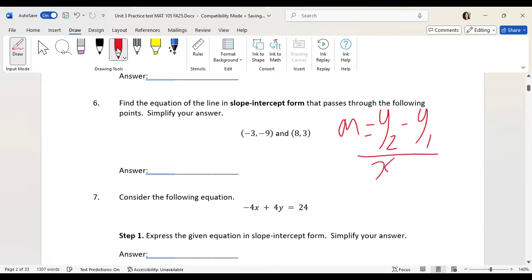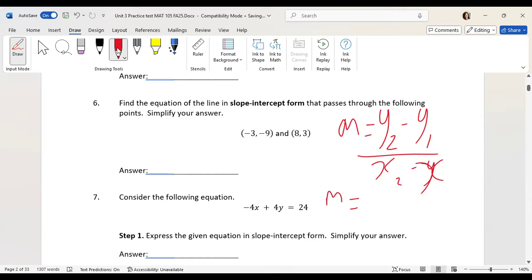So the increase in x is x2 minus x1, and the increase in y is y2 minus y1. I call the first point x1, y1, and the second point x2, y2.